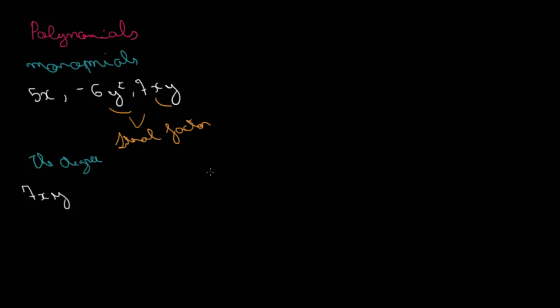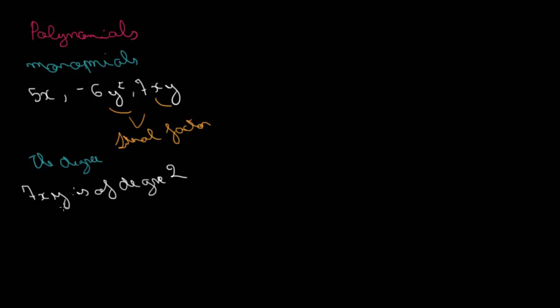The degree of a monomial is just the sum of the exponents of the literal factors. You can see here the literal factors are x and y, and their sum is just 2. So I might write here 7xy is of degree 2, simply.